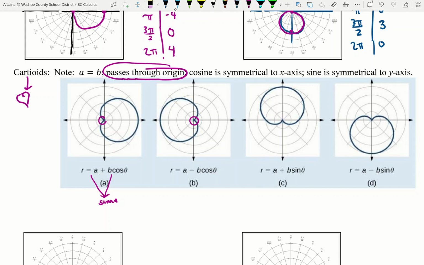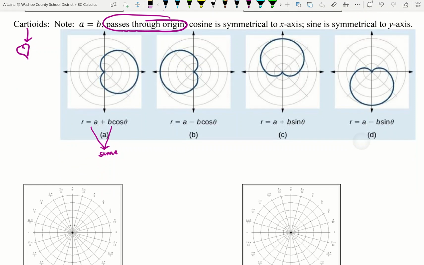And I think that it's helpful on the cardioids to maybe plot a few by using values of theta and figuring out then what r would be, so you can see where the pattern exists. So for the first one, I'll do r is equal to 2 plus 2 sine of theta.